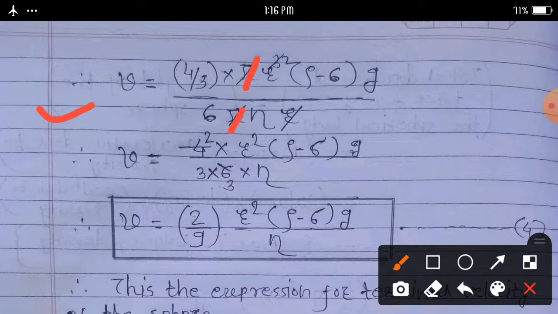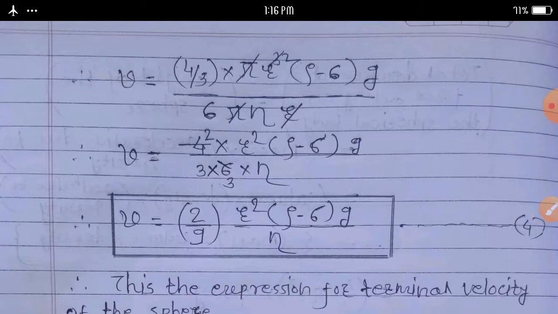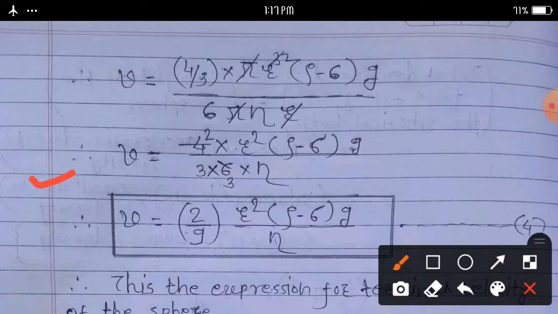Here pi gets cancelled, one r gets cancelled, remaining 2. Then the next step: v is equal to 4 r square, rho minus sigma, g upon 3 into 6 into eta. Adjusting, v is equal to 2 by 9 r square, rho minus sigma, g upon eta.